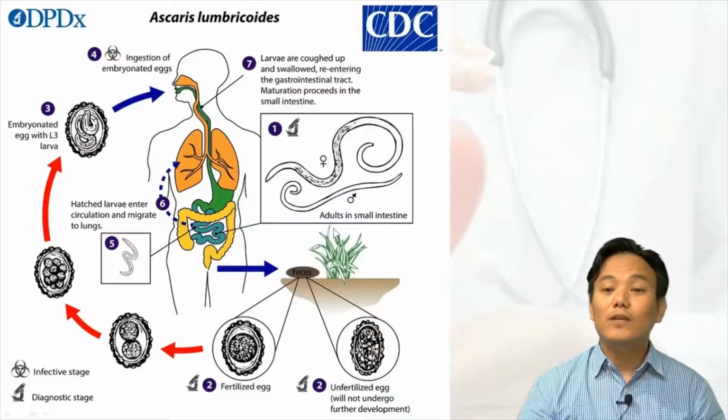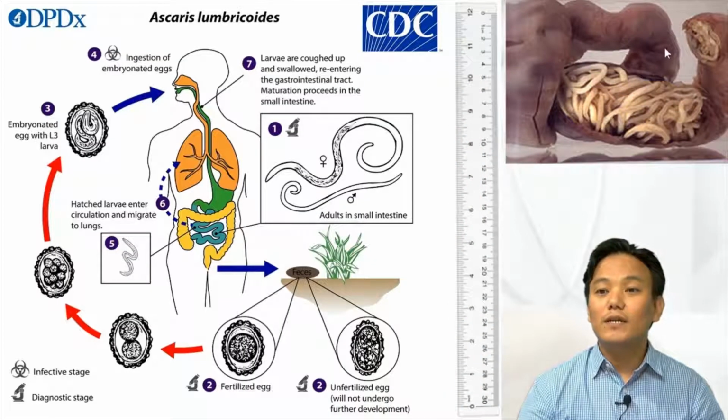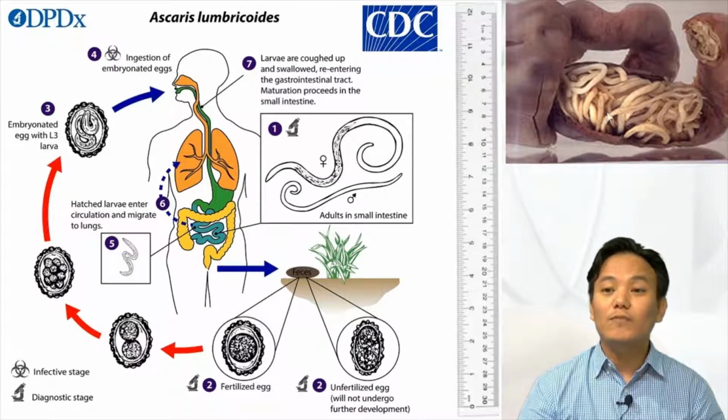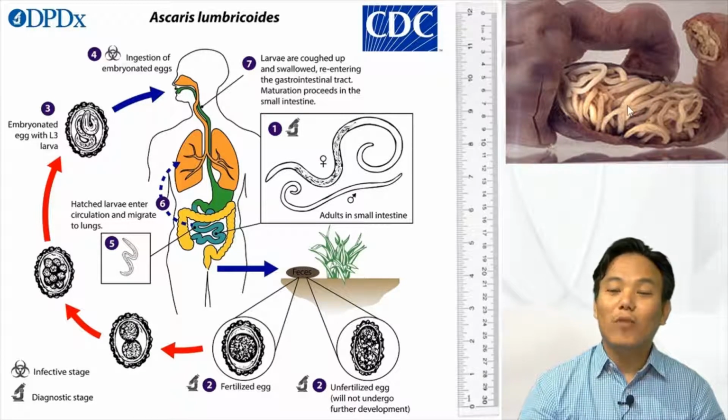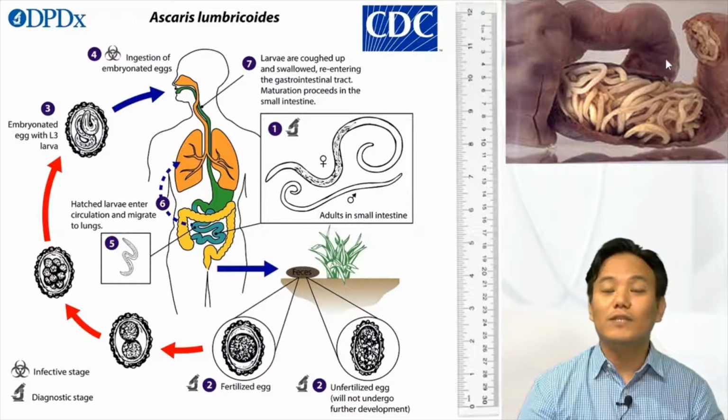Now let us take a look at the picture I have shown here. This is the part of the intestine where, due to the growth of a large number of Ascaris lumbricoides, there is an intestinal blockage. In such cases, the part of the intestine may have to be removed surgically by the doctor.